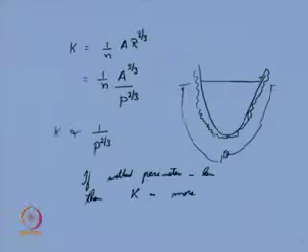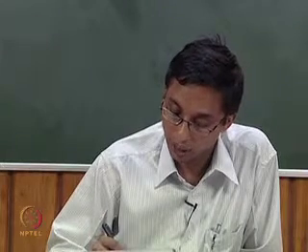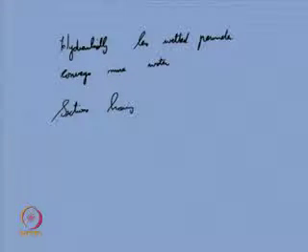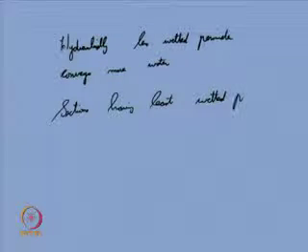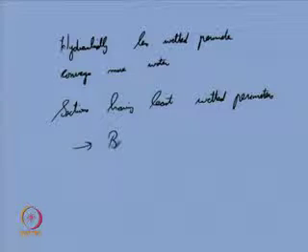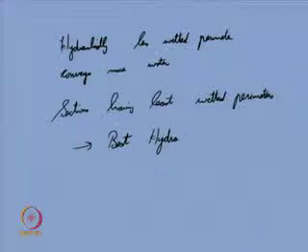So, you can say that the sections having least wetted perimeters, such sections are called best hydraulic sections. Okay.